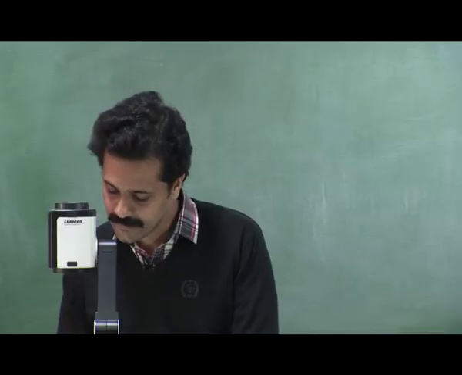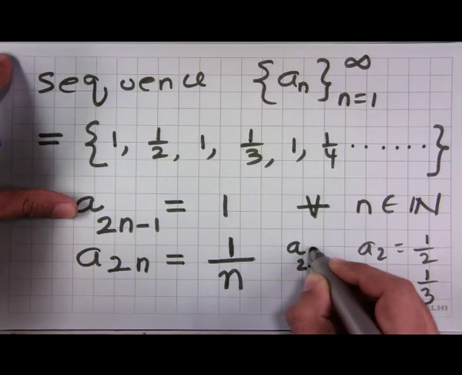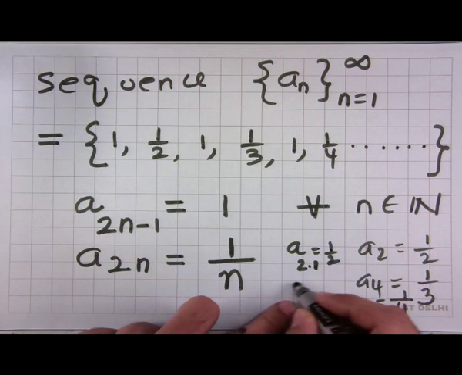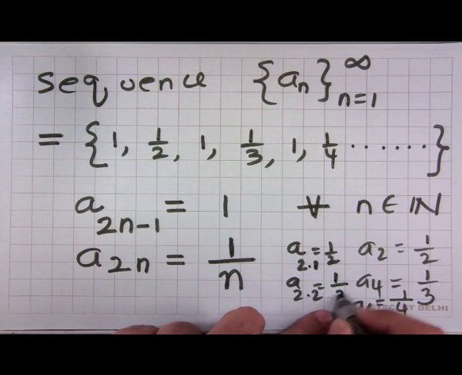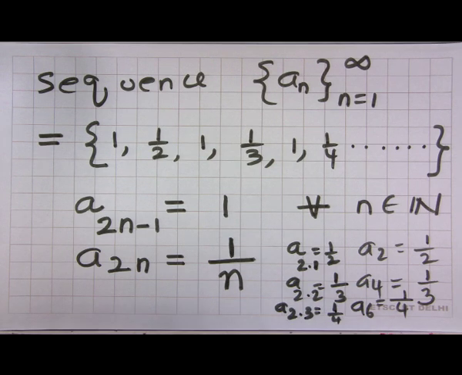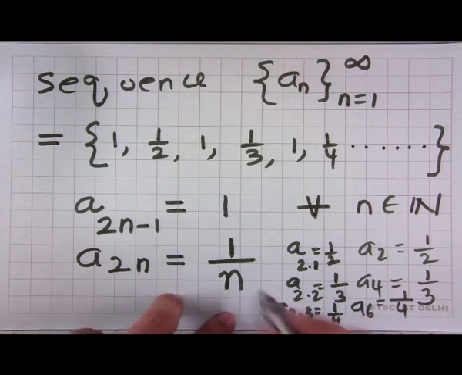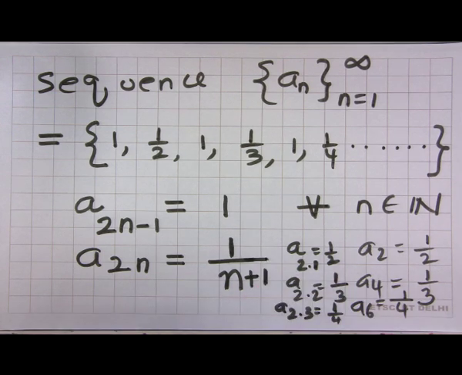That is, the second term, A(2 into 1), is 1 by 2, the fourth term, A(2 into 2), is 1 by 3, the sixth term, A(2 into 3), is 1 by 4, and so on. So A_2n, if you see the pattern, will be 1 by n plus 1.